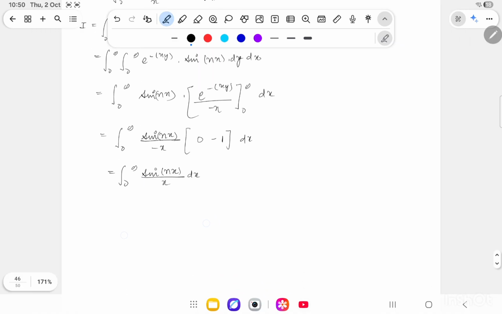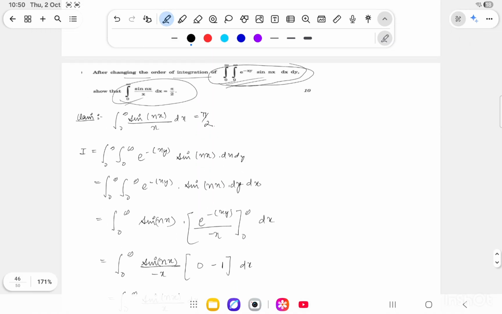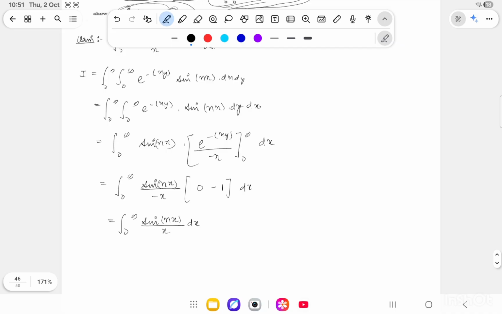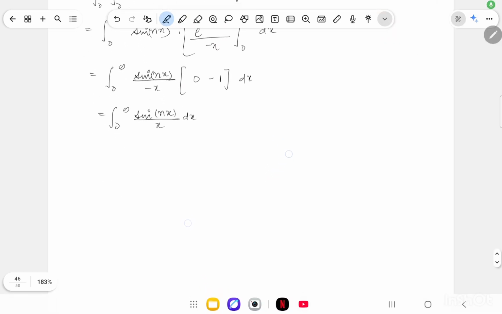Now we have reduced the given integration to this form, but we are supposed to show that this is equal to pi by 2. To evaluate this, what we'll do is, the original integration is basically the integration from 0 to infinity of e raised to minus xy sine nx dx dy.